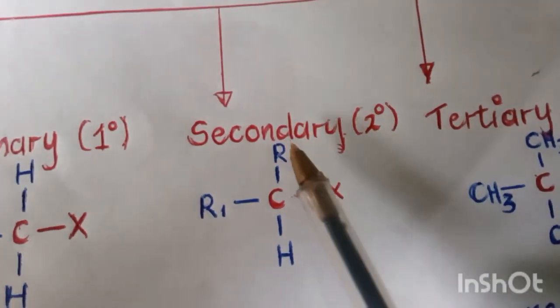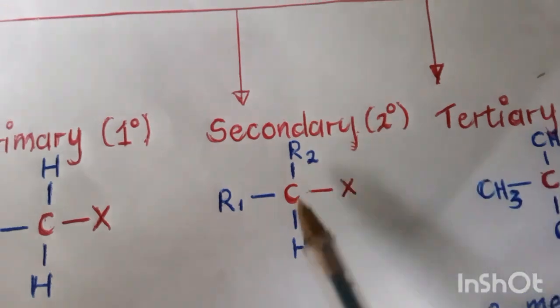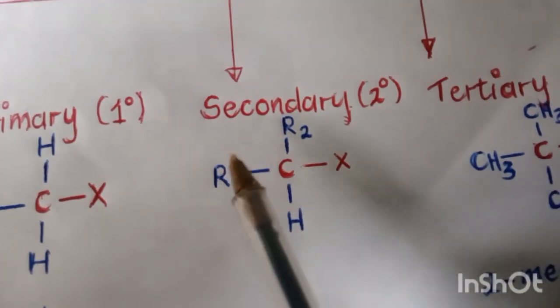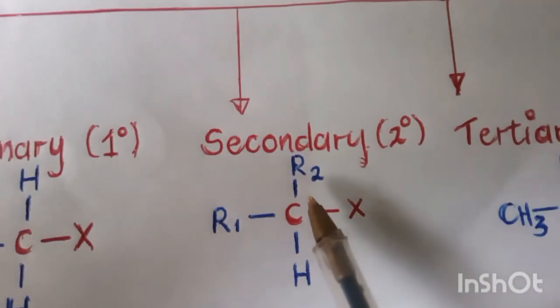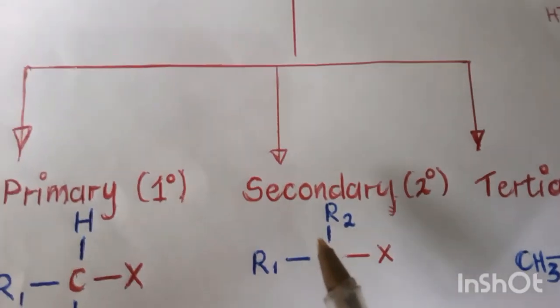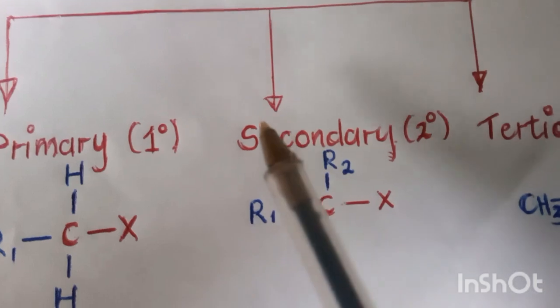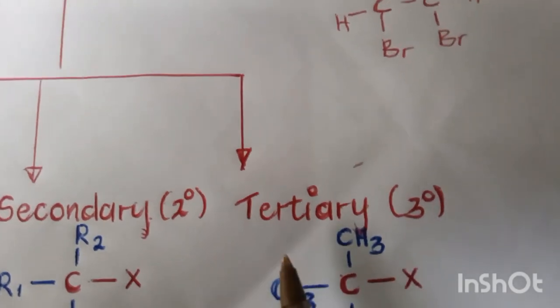And if the carbon atom is bonded to two alkyl groups, or if there's only one hydrogen bonded to the carbon atom, then that type of haloalkane is known as a secondary haloalkane. Then we also have the haloalkanes that are classified as tertiary haloalkanes.